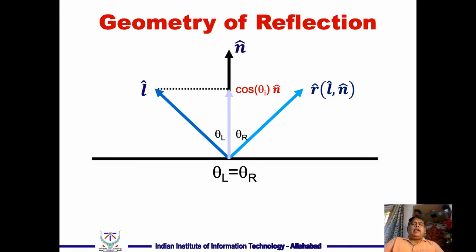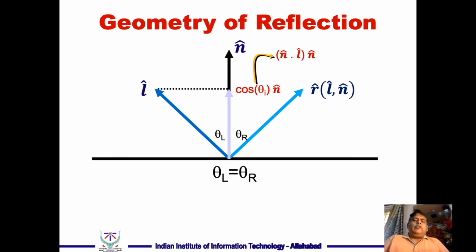Since L cap and n cap are normalized coordinates, the cosine theta would be the component of the vector L in the direction of n. Now, if this is cos theta, this we can easily write as a dot product of n dot L in the n cap direction.